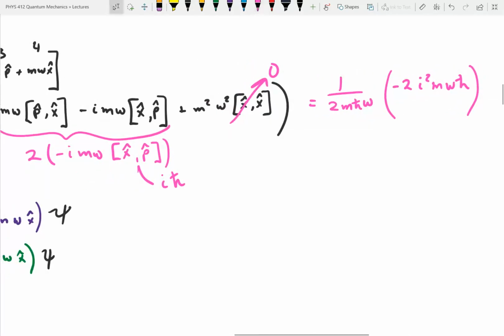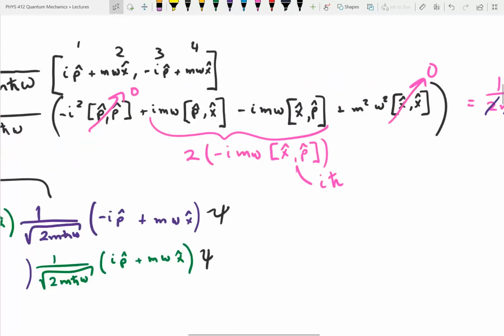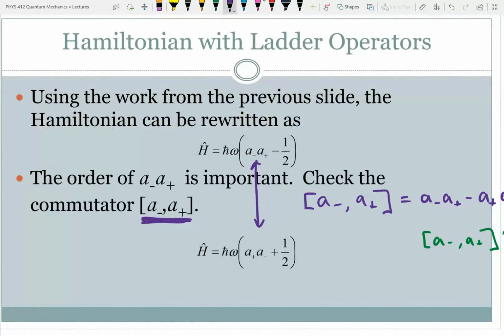And then once again, we are all astute mathematicians here. We know that 2 and 2 cancel, and that m and m cancel, and h bar cancel, oops, and omega cancel. And we're left with minus i squared, and what's minus i squared equal to? 1. So that commutator is just equal to 1.